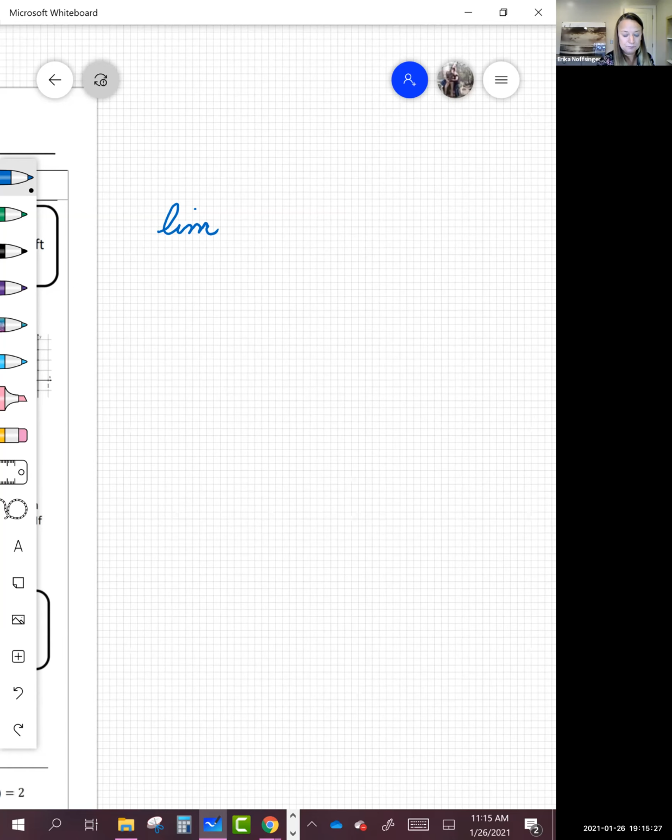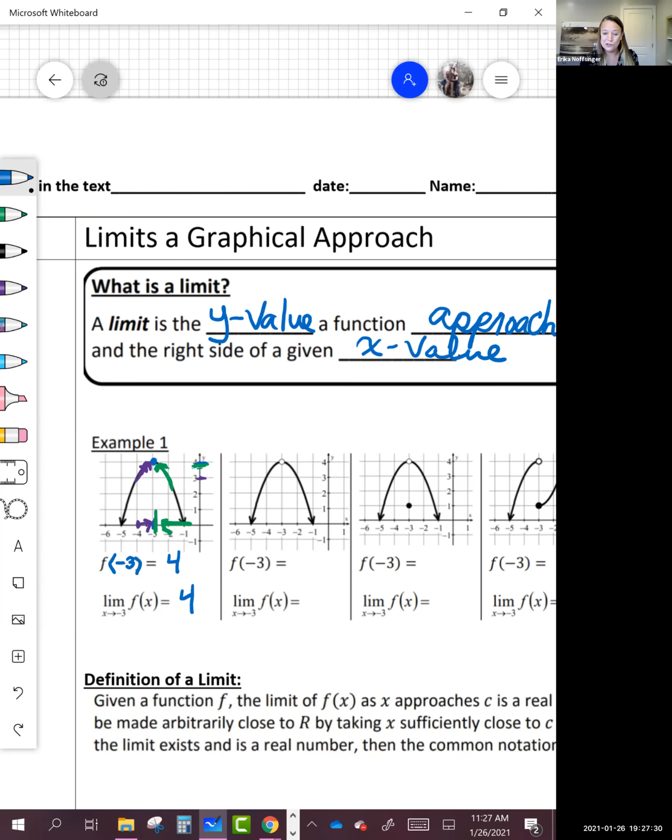Notice the graph to the right is almost identical to the one that we just looked at. The only difference in this graph is this open circle. What does that open circle mean? Well, it's telling me that there's no point there.